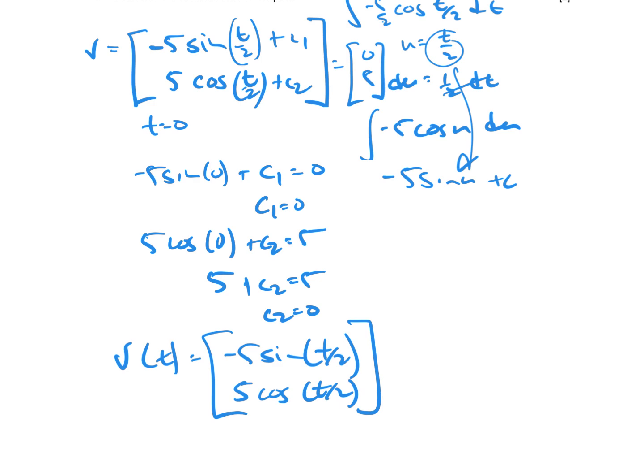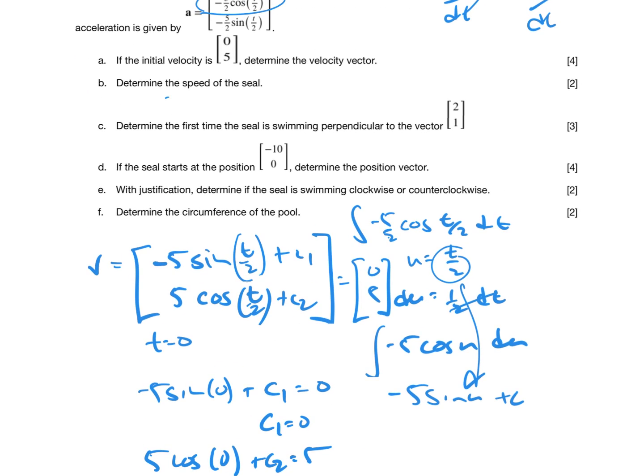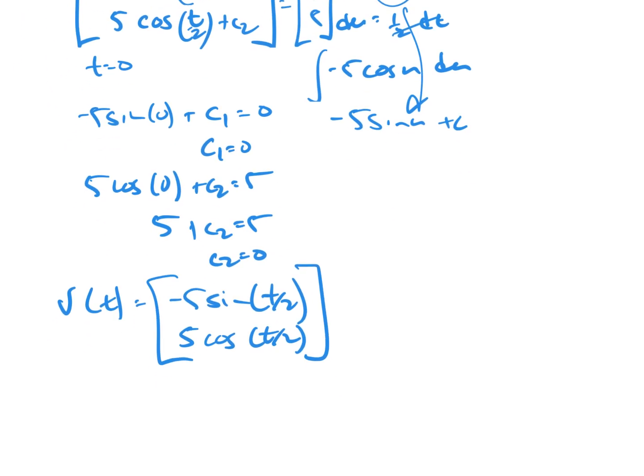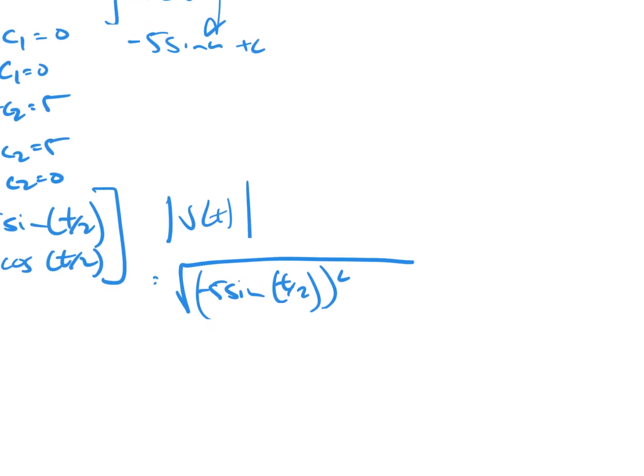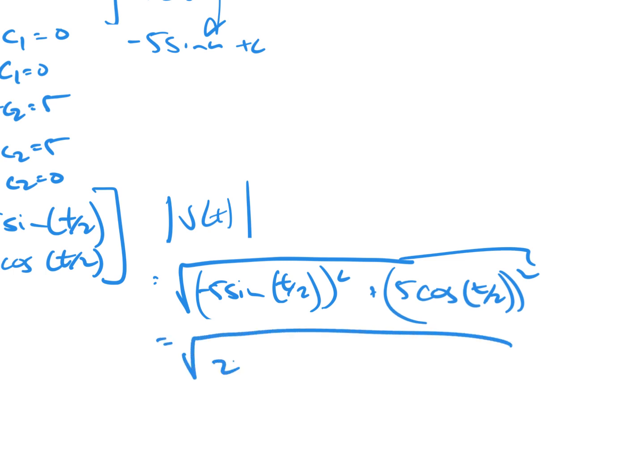If I want to find the speed, the next part is asking for the speed of the seal. That means I'm going to take the magnitude of the velocity vector. The magnitude is the square root of minus 5 sine t over 2 all squared plus 5 cosine t over 2 all squared, which is the square root of 25 sine squared t over 2 plus 25 cosine squared t over 2.